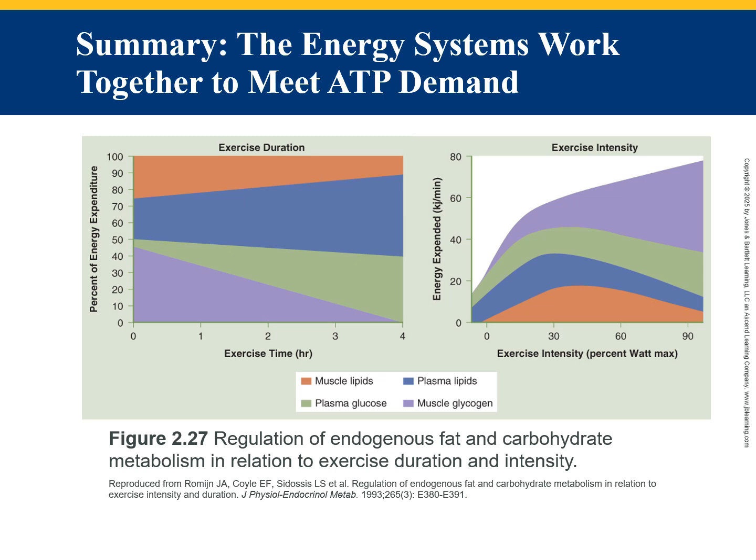As the intensity rises, we'll see that we really rely more on muscle glycogen at higher intensity exercise and also on our plasma glucose. Muscle fat, not as heavily. So at higher intensity exercises, we're going to really rely on our glucose and our glycogen. And that's why when we get into the next chapter, when we look at carbohydrates, why carbohydrates are so significant, especially for high intensity exercise.